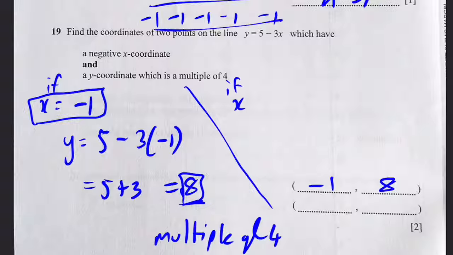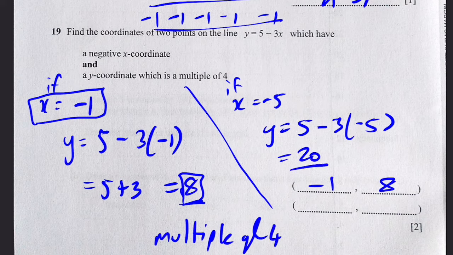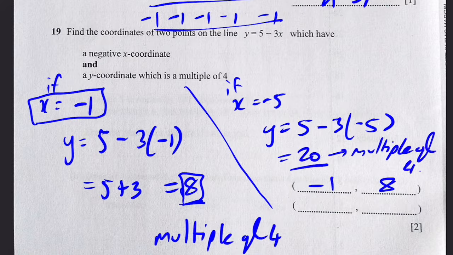So if x is equal to minus 5, that means y is equal to 5 minus 3 into minus 5. That would be equal to 20. And yes, this is also a multiple of 4, right? Since 4 into 5 is equal to 20, so that can be our second point. Minus 5, comma 20.